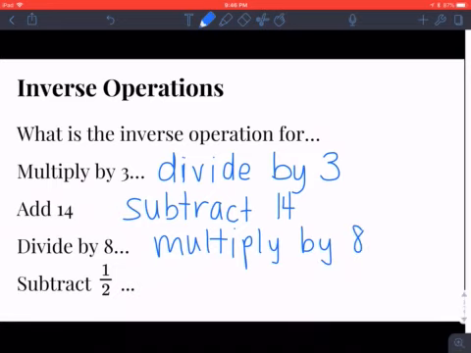And then the last one, if we subtract 1/2, say we started at 1 and we subtract half, to get back to 1, we would add half, or add 1/2. All right, so those are our inverse operations and our reciprocals.